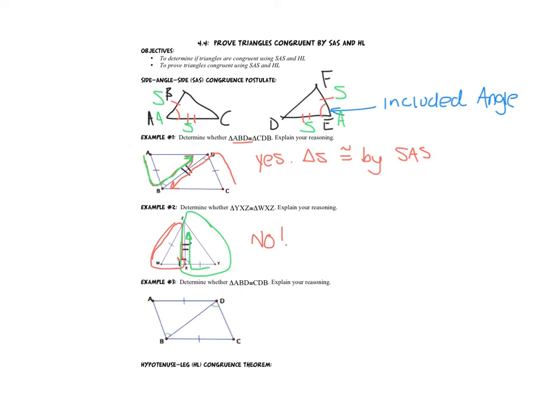All right, last example from these notes, we are going to check if triangle ABD is congruent to triangle CDB. First thing I notice is that these two triangles share a side, so I'm going to mark that side by doing a double tick. All right, so let's see.